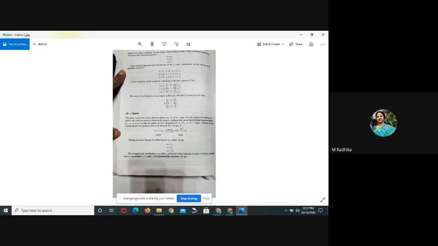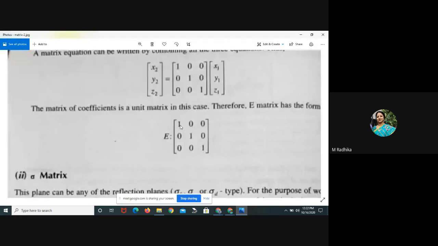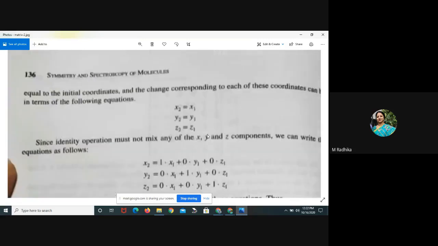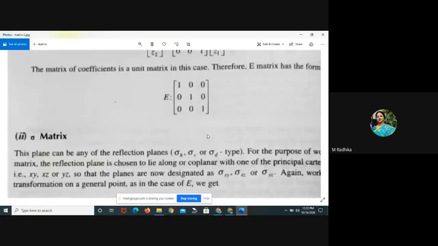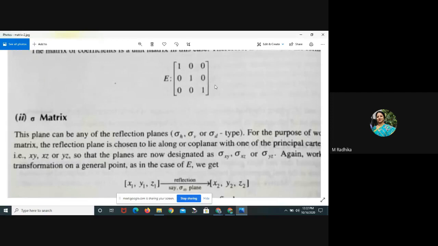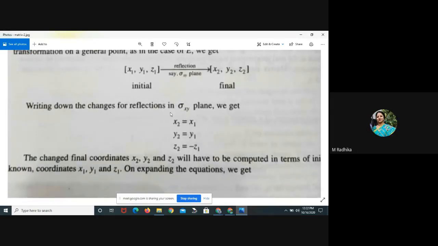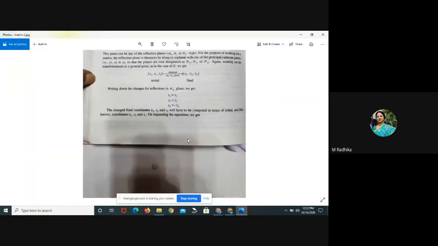Here again, this is for the identity, the same thing we have done. This is the identity operation element. And for the sigma xy plane, just now we have done everything.